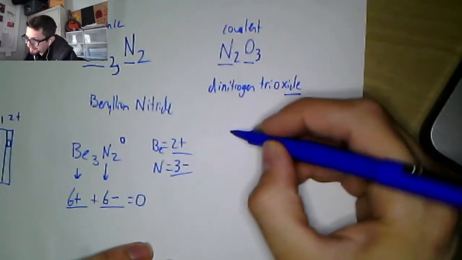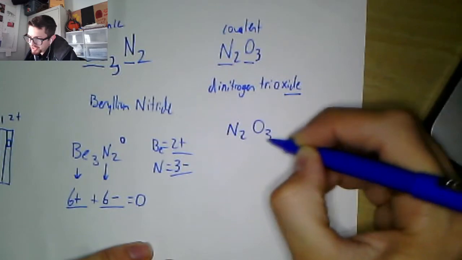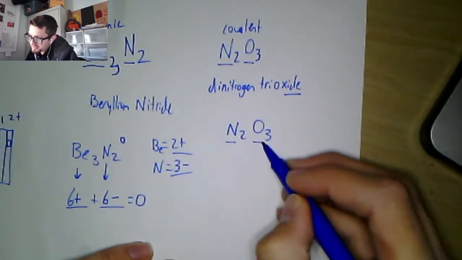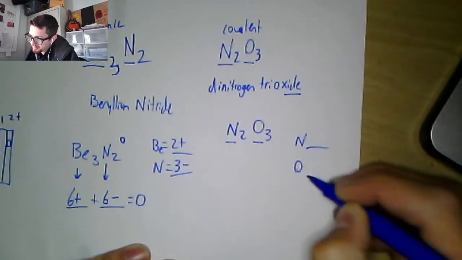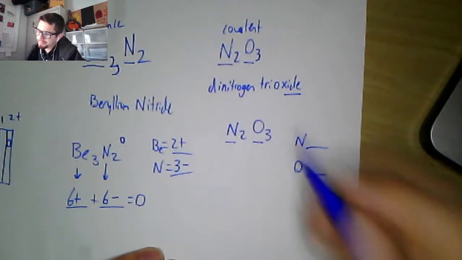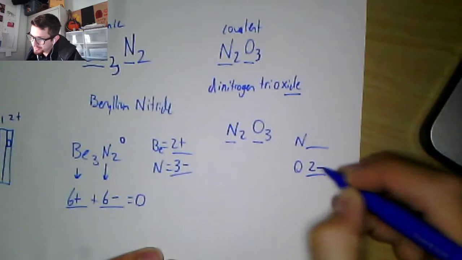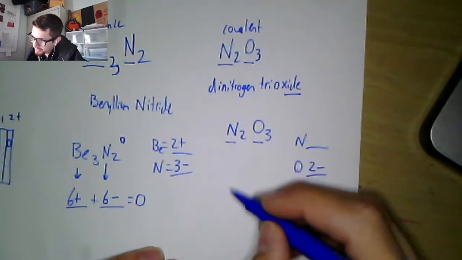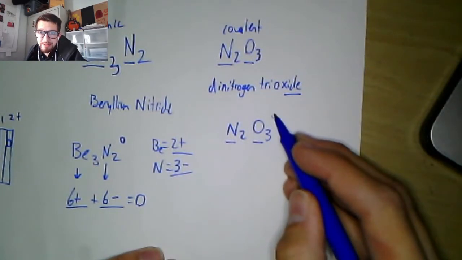Now let's take the other one. Dinitrogen trioxide. Who do we have more information about on the rules? Nitrogen or oxygen? Well, best I can remember, oxygen has quite a few rules. Unless he's with Na2O2, fluorine, or H2O2, his charge is pretty exclusively going to be 2-. And we don't have a charge on this atom, so we know it's supposed to add up to 0.